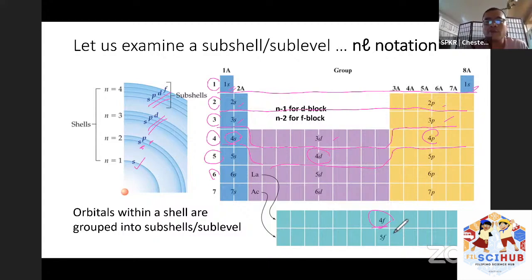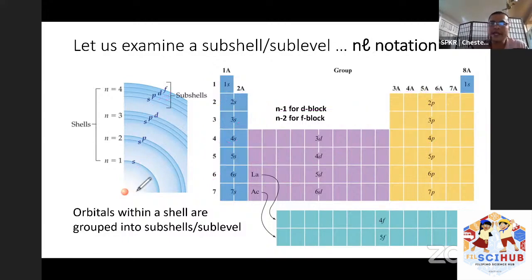Nakalimutan kong i-discuss sa inyo ano yung nl notation na ito. The nl notation will be very important later on for electronic configuration. So what is this nl notation? N is your energy level and L is your type of orbital, which is also the block.